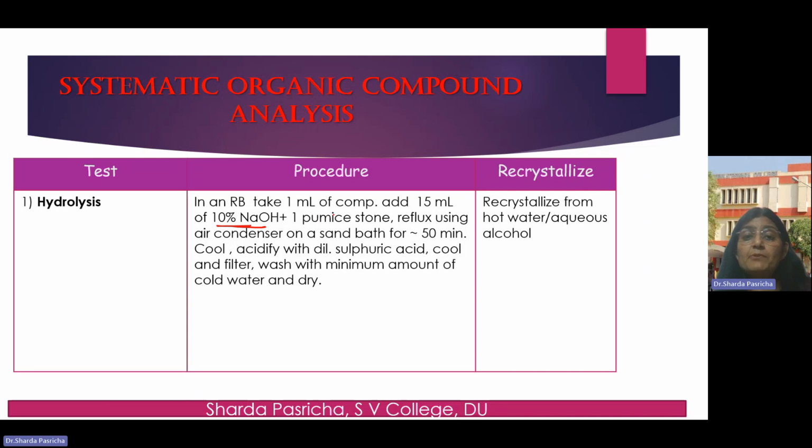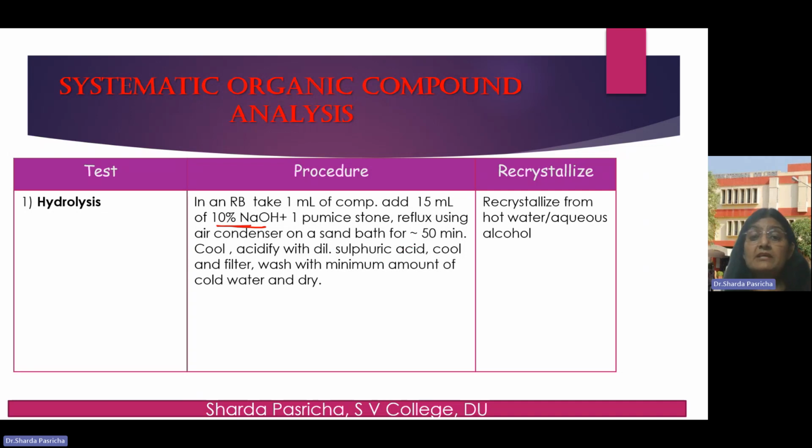Okay, add one or two pumice stones to the RB flask, and then reflux the contents using an air condenser on a sand bath for about 50 minutes. Check for the completion of the reaction. Cool. Acidify the contents by addition of dilute sulfuric acid.